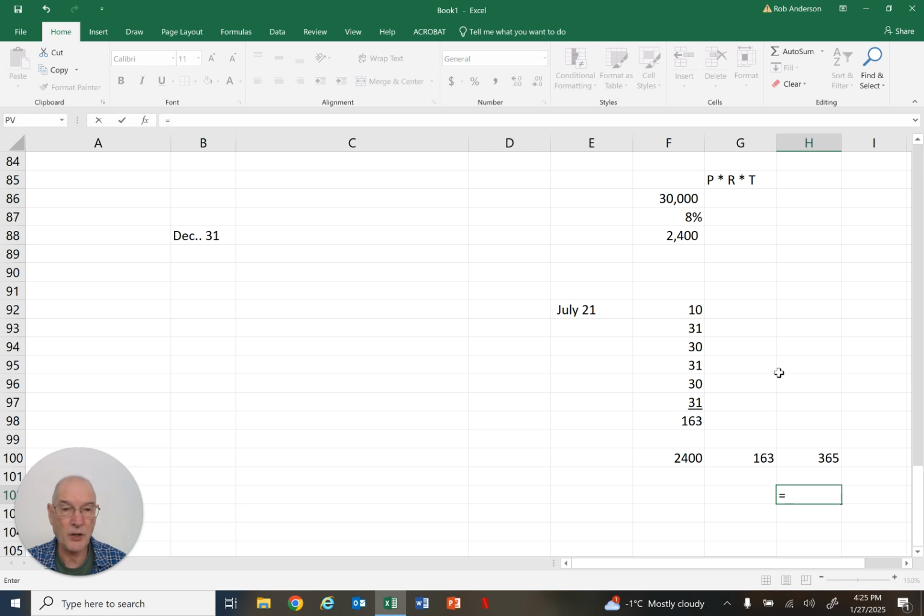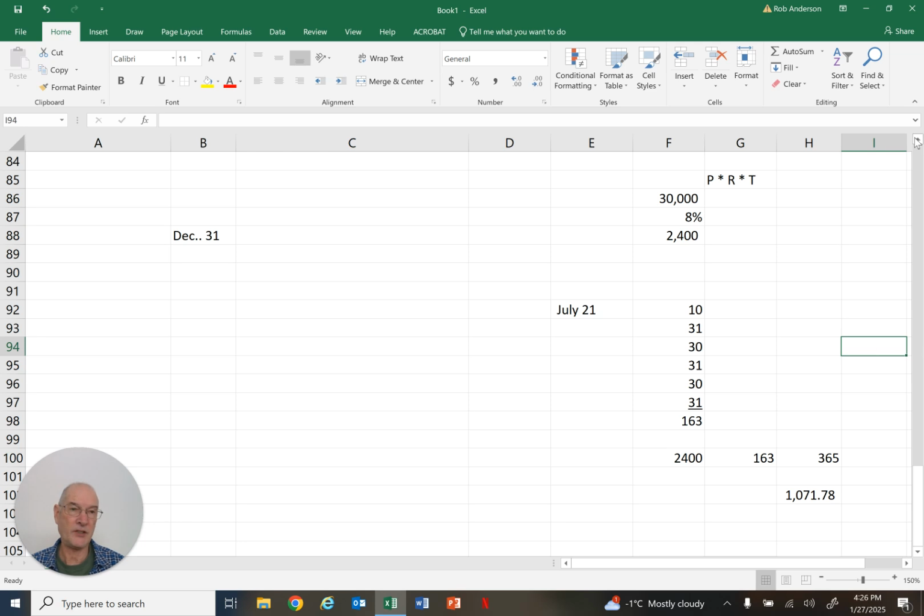So we would simply take our 2,400 times the 163 divided by 365, and there we have it, and that would be $1,071.78 interest. So I just wanted to show you this as a little aside. You could do this. If you needed to calculate interest by the day, it wouldn't be that hard.